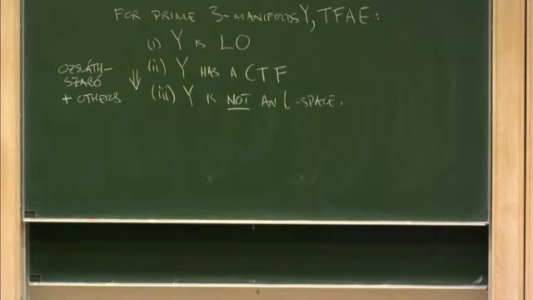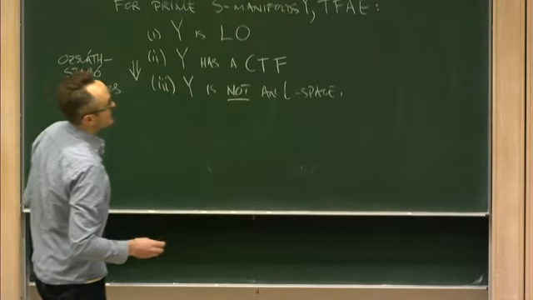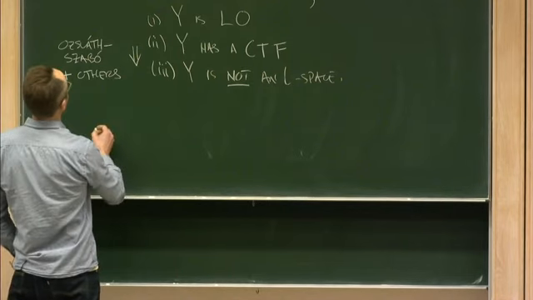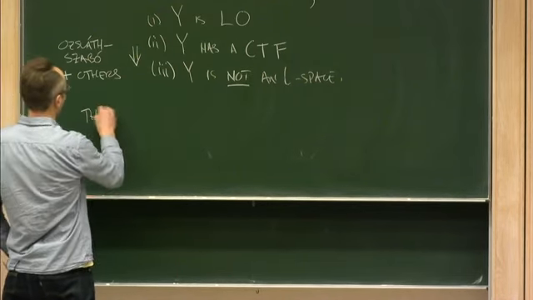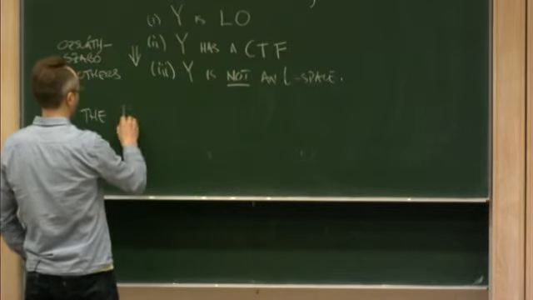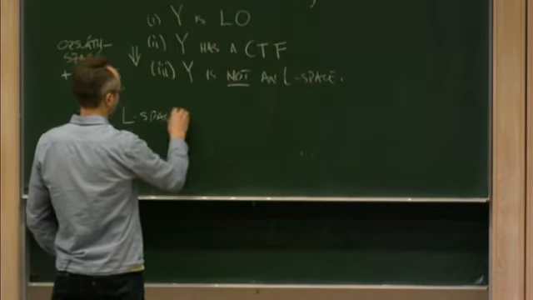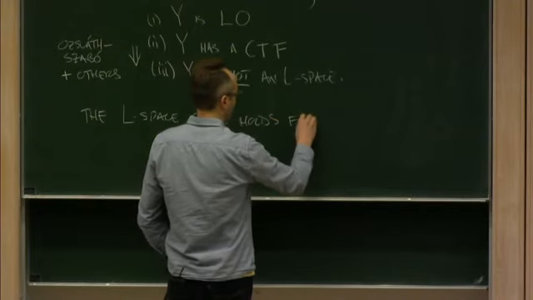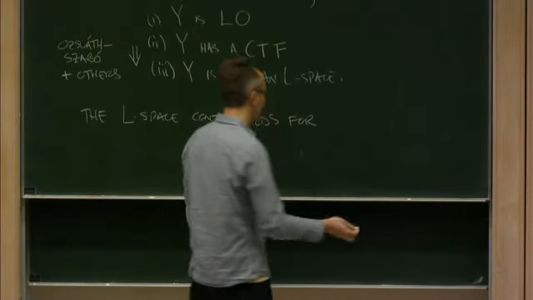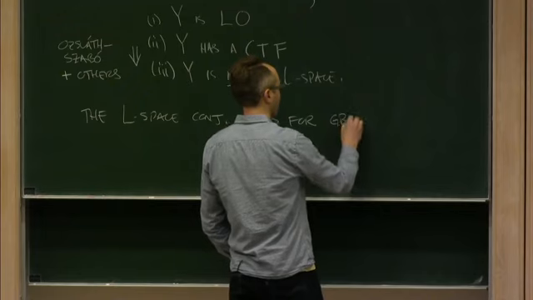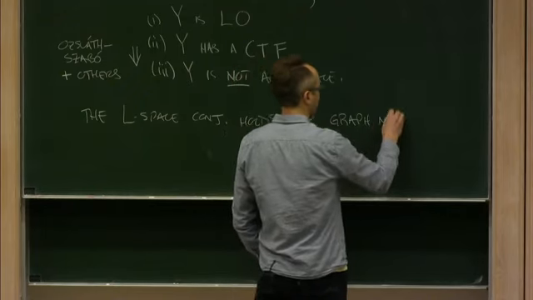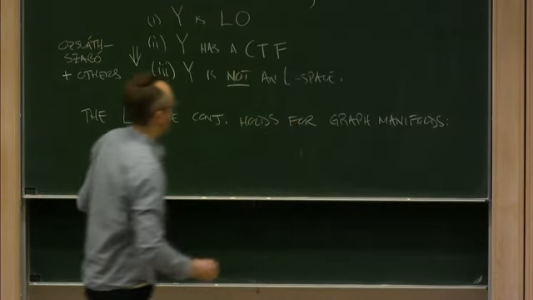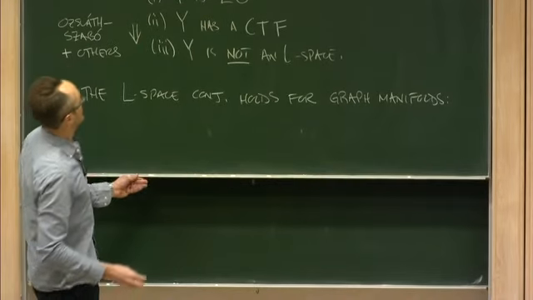One thing that Cameron mentioned, and that I want to take as a point of departure, is that the L-space conjecture holds for Seifert fibered manifolds, but more generally, it holds for graph manifolds. And so that's 2 pieces of work there.